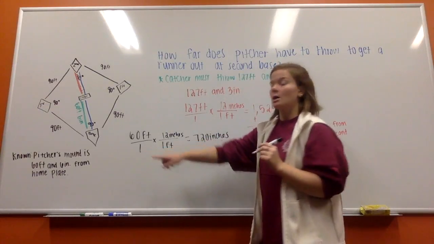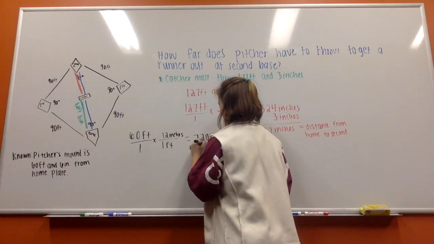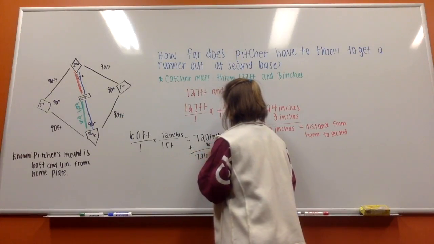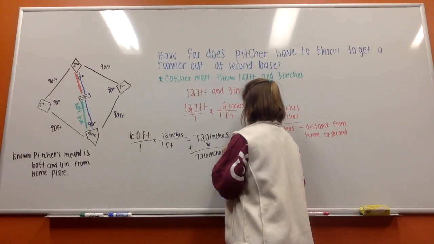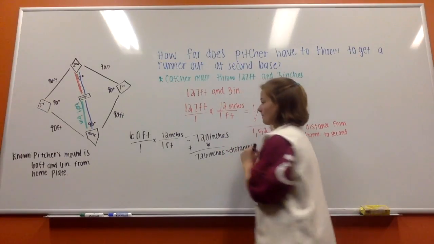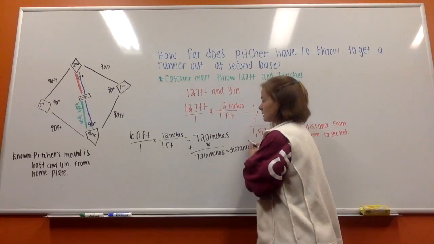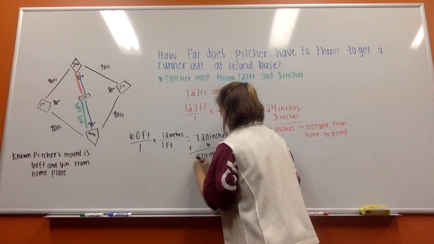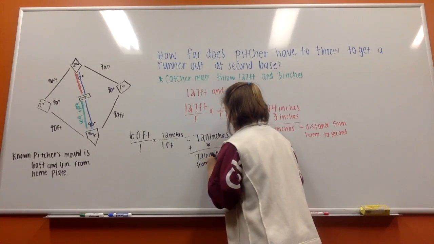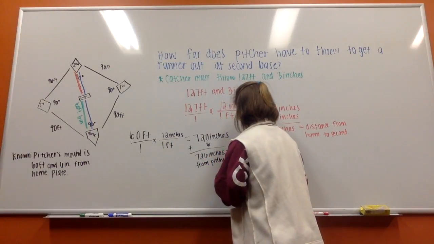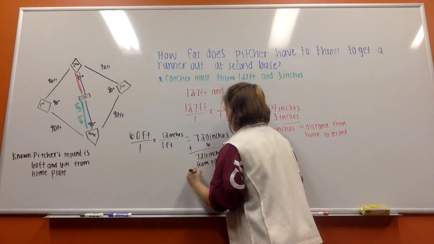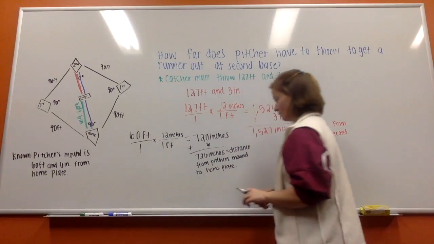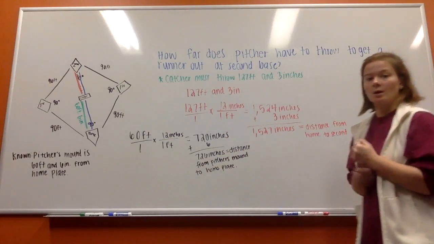Now don't forget to add in your 6 inches. You get 726 inches. And this is the distance from the pitcher's mound to home plate. Beautiful, right?